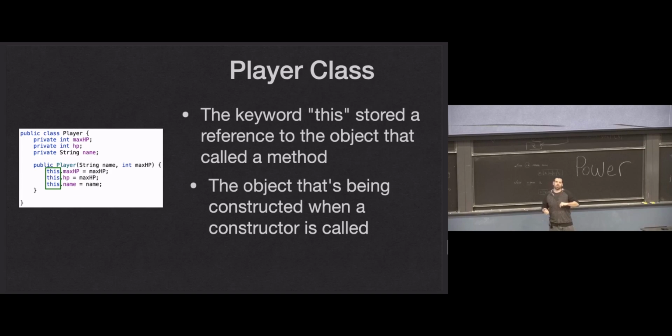This stores that reference. It's like a variable that we don't have to declare. It's just automatically always there for every single non-static method anywhere. We will always have this keyword this, which stores a reference to the calling object or the object being constructed.